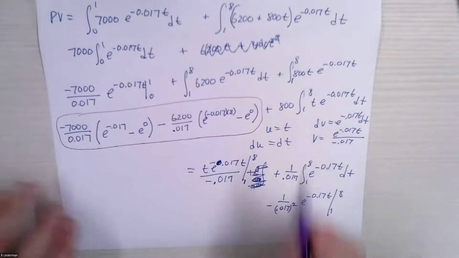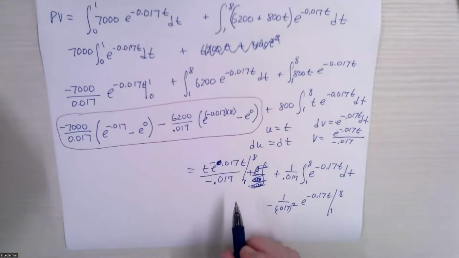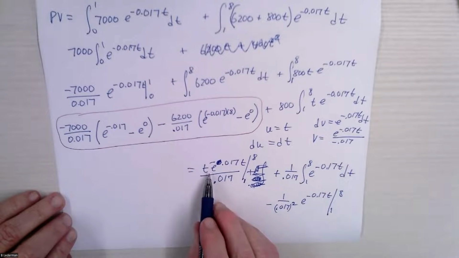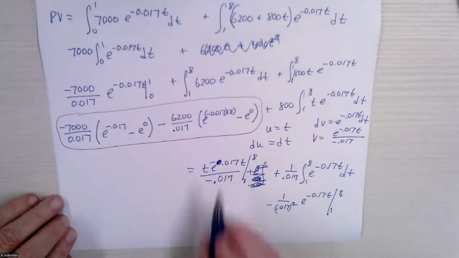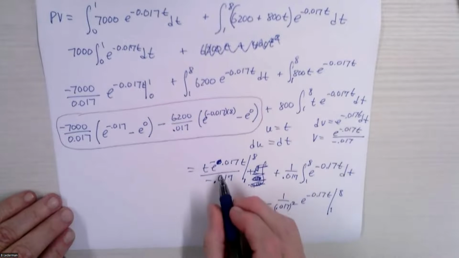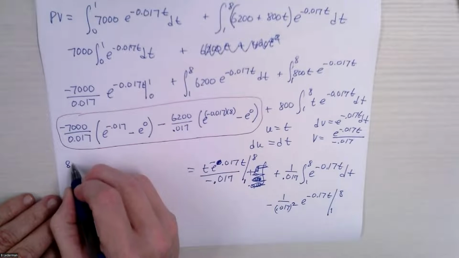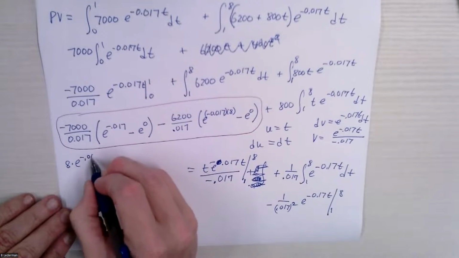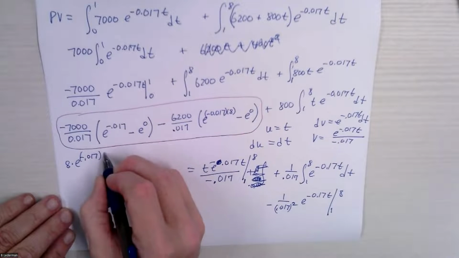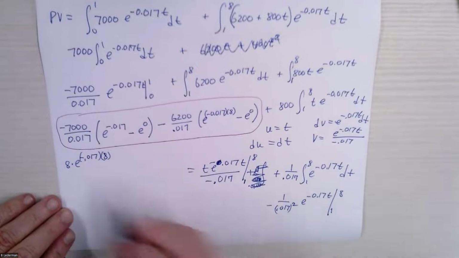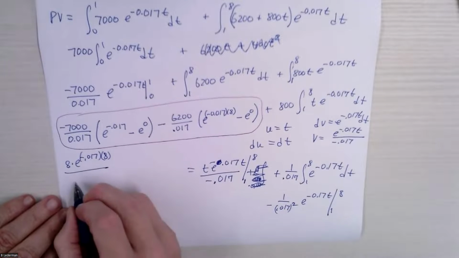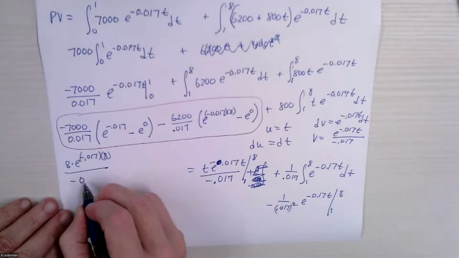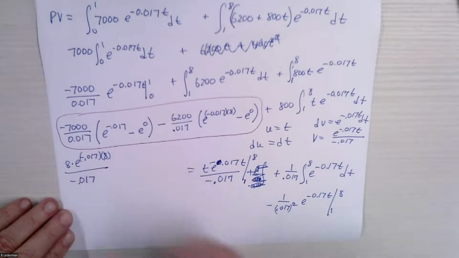So to this part here, I'm going to add 8 times e to the negative 0.017 times 8, over negative 0.017.